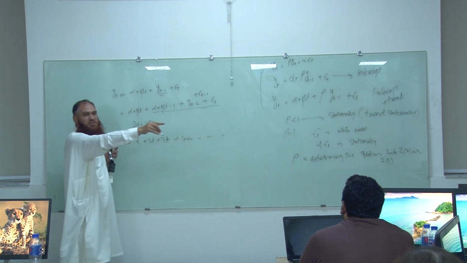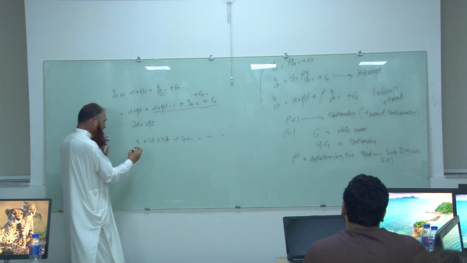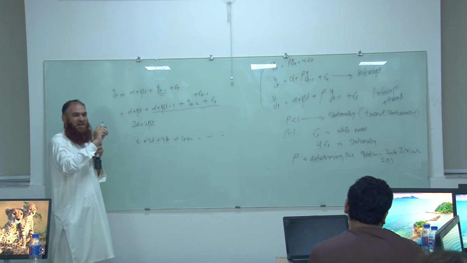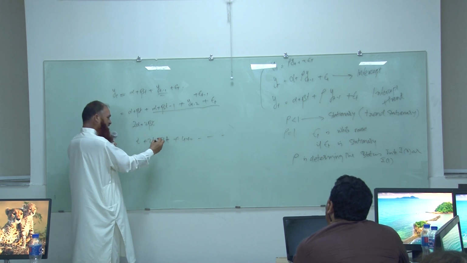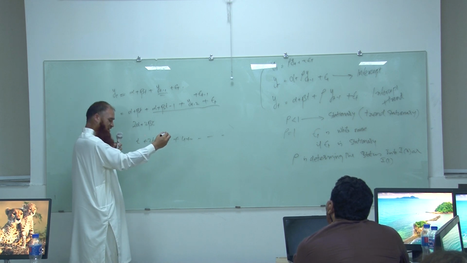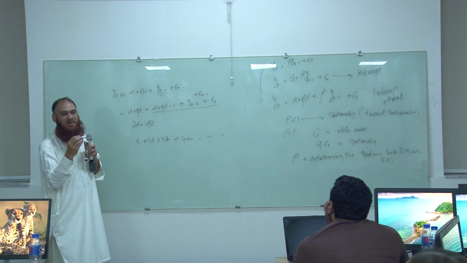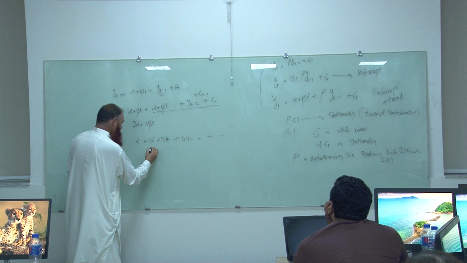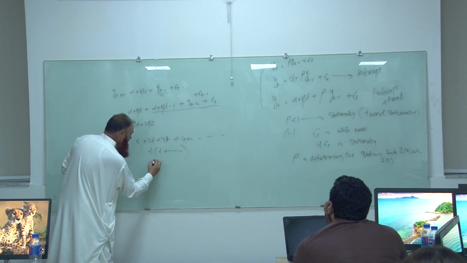If you back substitute to the end, you will get things like this. And this is an arithmetic series, and if you take the sum of this thing, this will become t into (t plus something). So ultimately it will converge to t square.